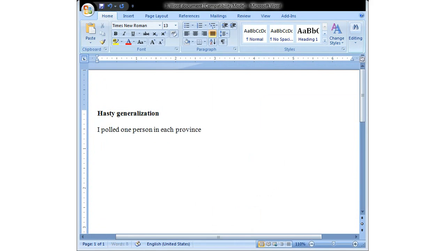in each province, and if you've done some social science, a lot of this is just good scientific methodology. If you've done quantitative methods, this starts to factor in, because you can have a statistical component to this particular fallacy. I polled one person in each province.